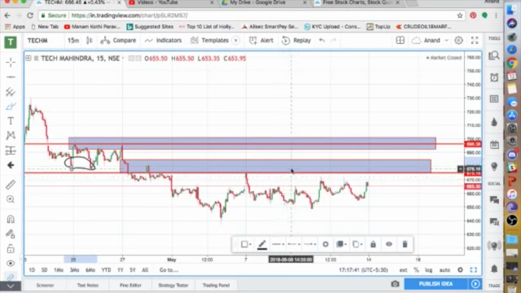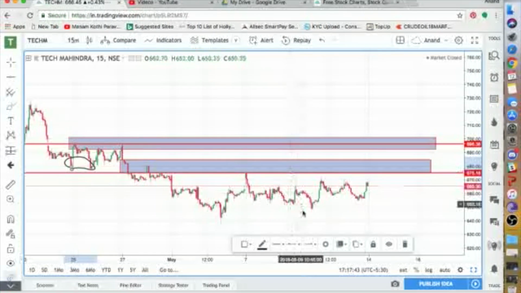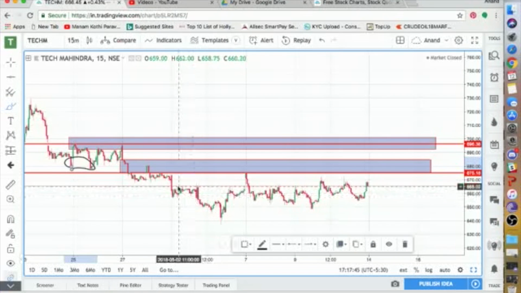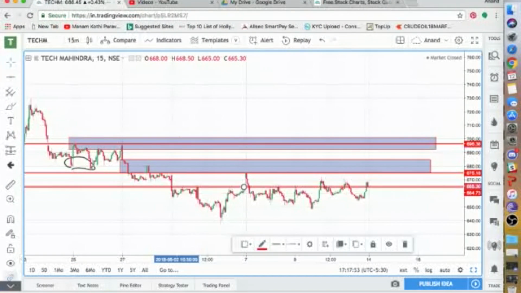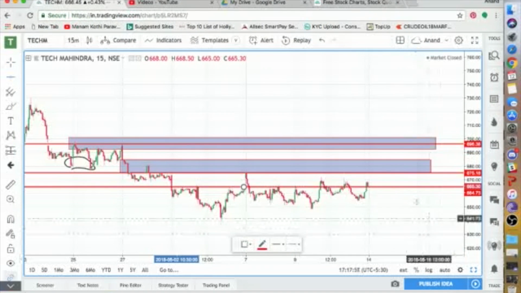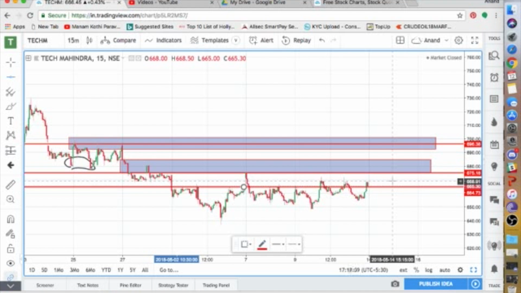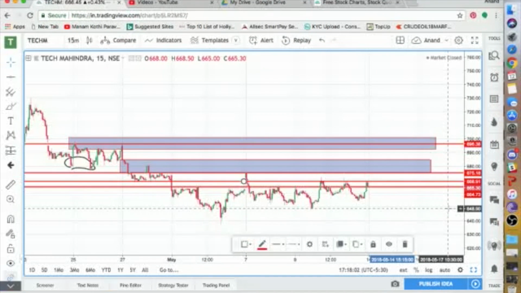So we can see that 675 is definitely an area of restriction, and then coming down, I can see a lot of resistance in the recent time frame somewhere around this level. And then there is 1, 2, 3 resistance which has happened at this level. Now 668 and 665 are pretty close.